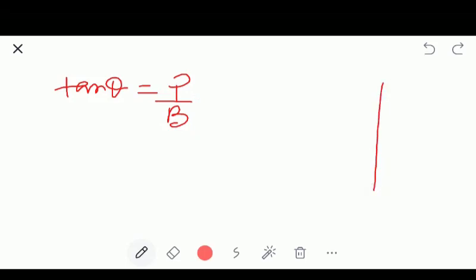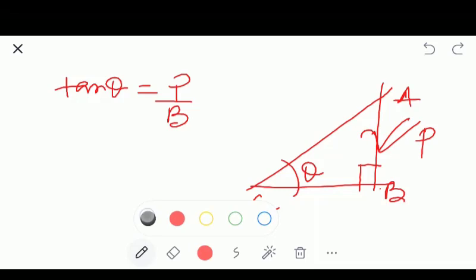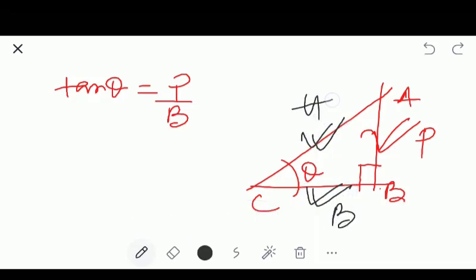If this is a right angle triangle named A, B and C, and the angle at B is 90 degrees, and if the other angle is theta, then that portion is the perpendicular, that portion is the base and that is the hypotenuse, right? So tan theta is the ratio of perpendicular and base.